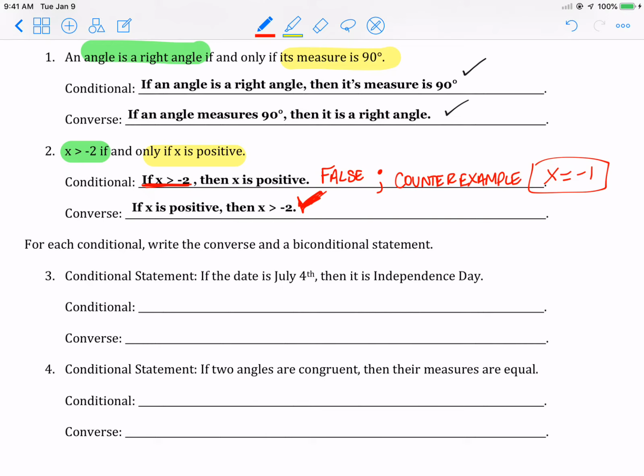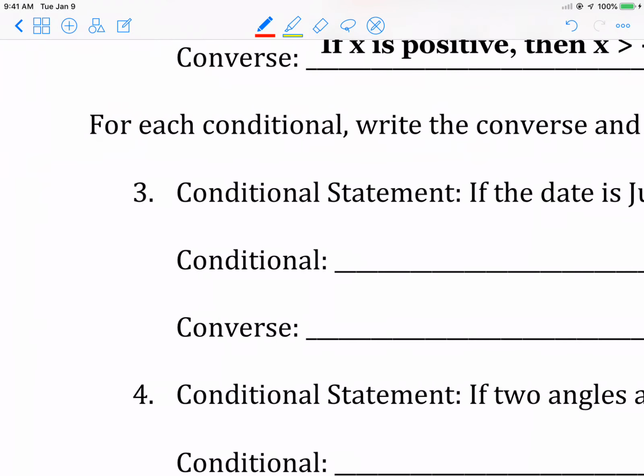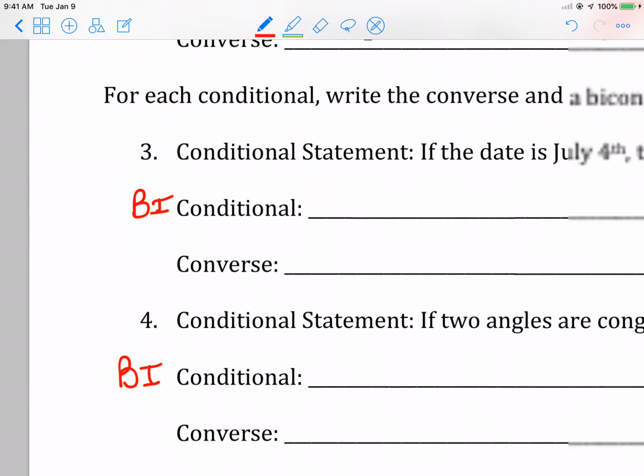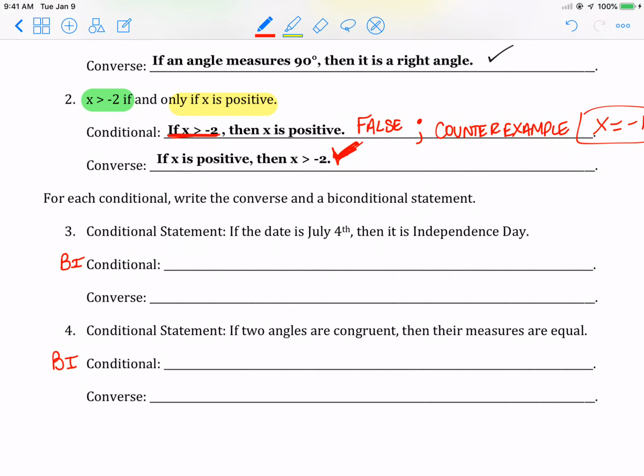All right, so now they're going to give us our conditional statement, and we're going to create the biconditional. Sorry that I didn't write that in there, guys. The biconditional, and then the converse. For me, we are going to create the converse first, because if my converse isn't true, there's no use creating a biconditional statement.